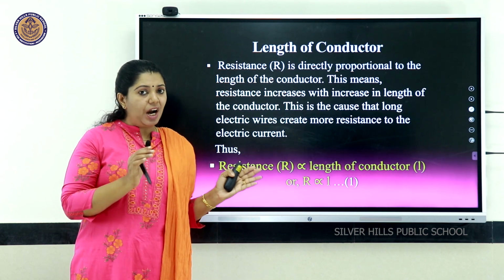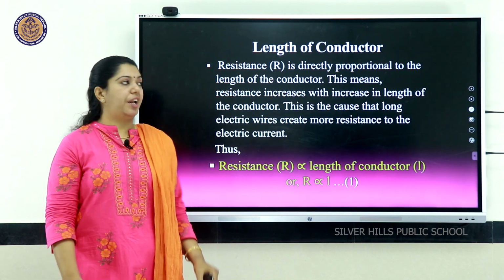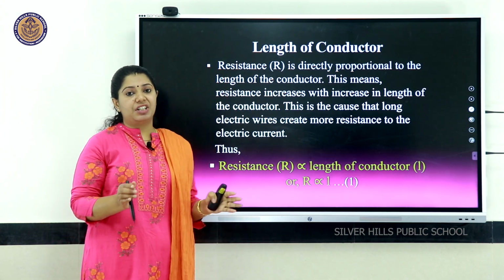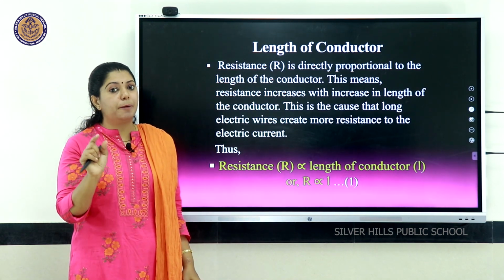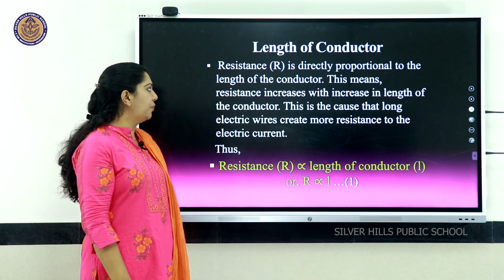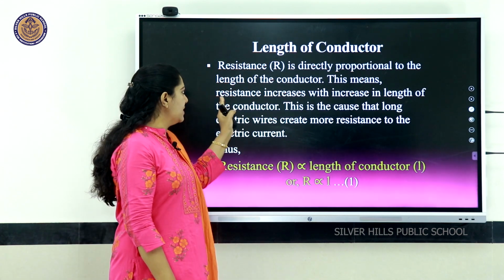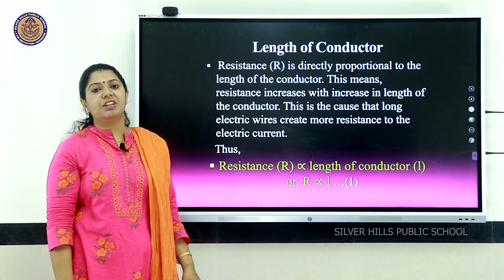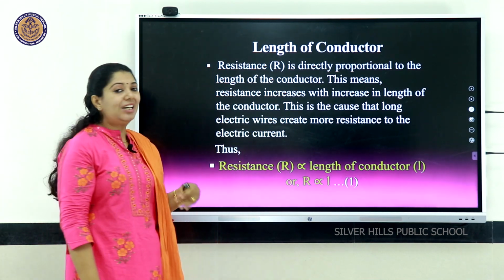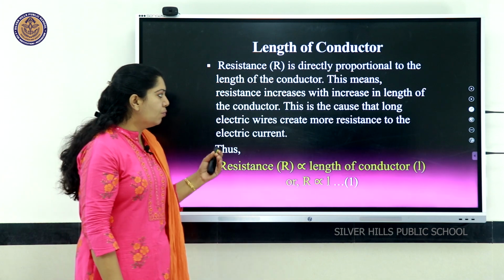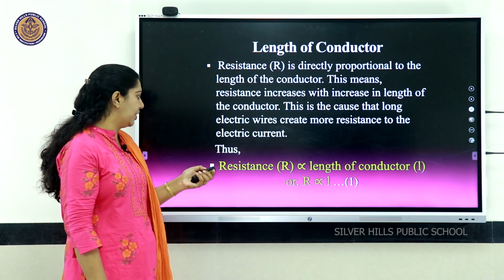That means if you are increasing the length of the conductor, the resistance of the conductor will be more. That means the resistance increases with increasing length of the conductor. This is the cause that long electric wires create more resistance to the electric current.